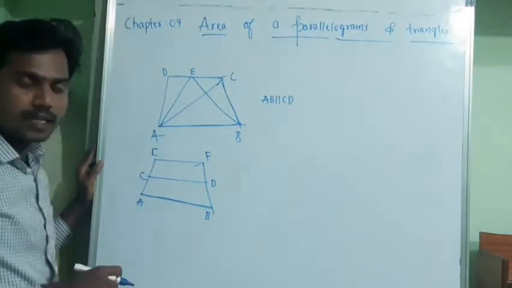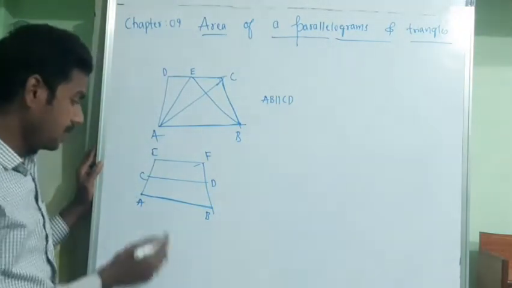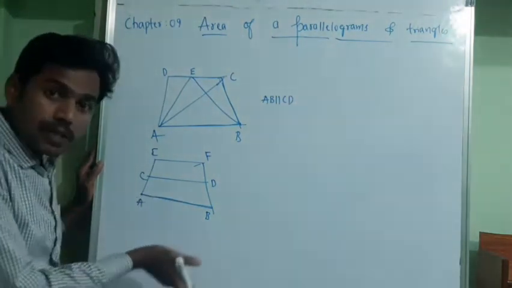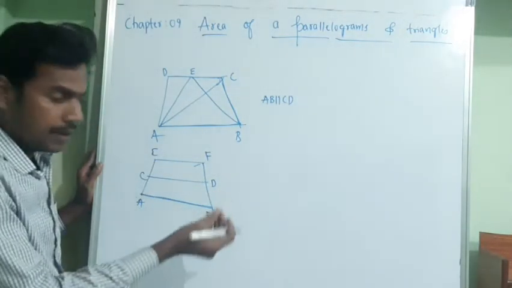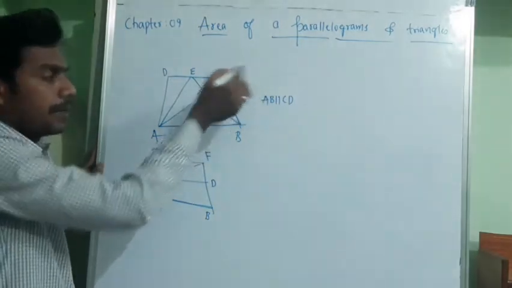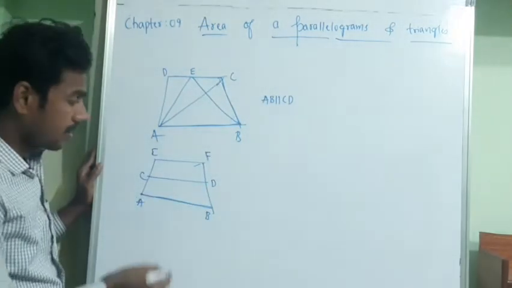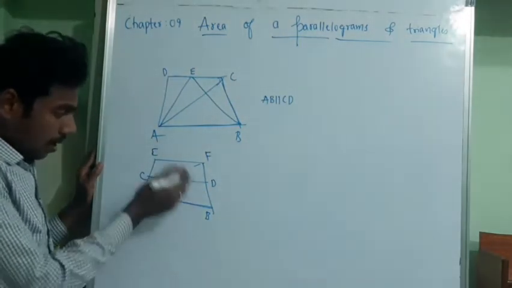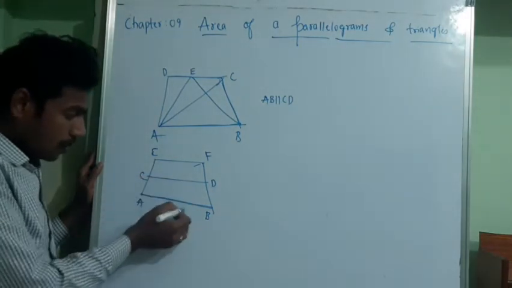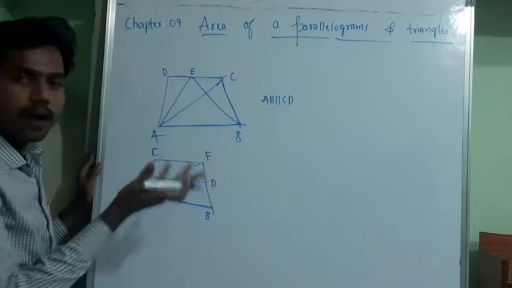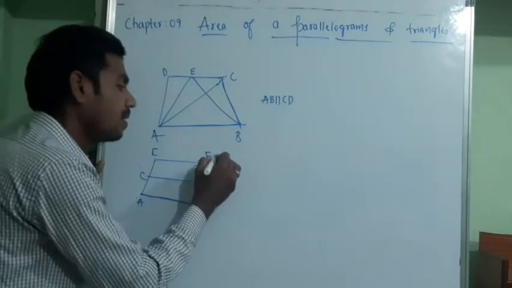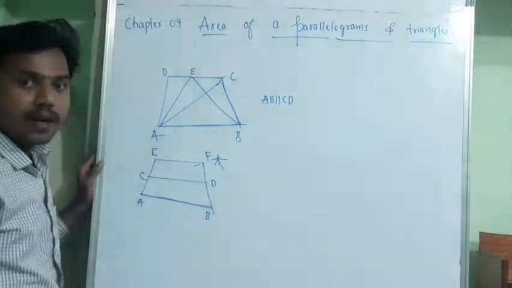But one more condition is that the vertices opposite to the base of a figure, which can be a triangle or a quadrilateral, should be collinear. Are these collinear, C, D, F, E? They are not collinear. So it will not satisfy the condition.